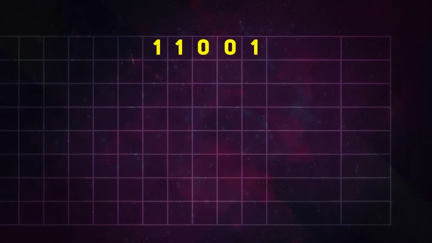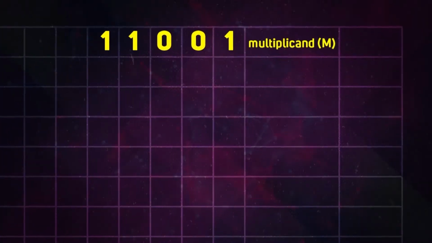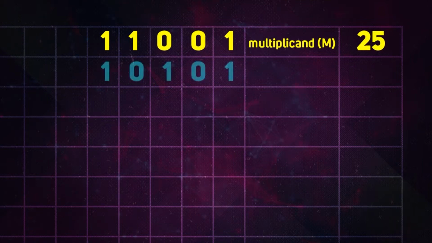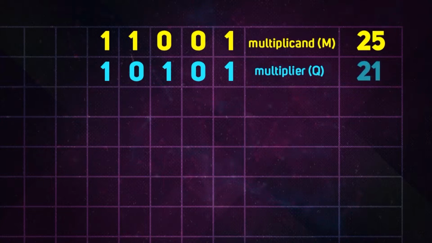Now, let us multiply the binary numbers 11001 and 10101. Let 11001 be the multiplicand m, whose decimal equivalent is 25, and 10101 be the multiplier q, whose decimal equivalent is 21. So, here q4 equals 1, q3 equals 0, q2 equals 1, q1 equals 0 and q0 equals 1.